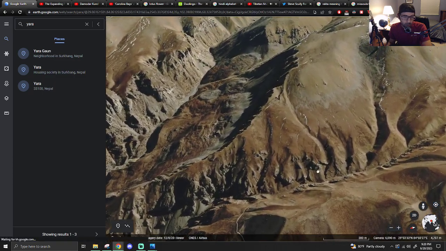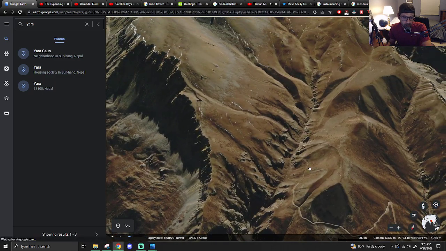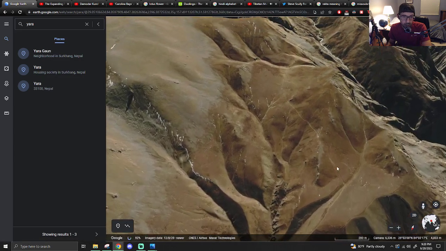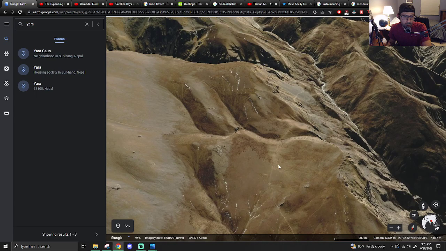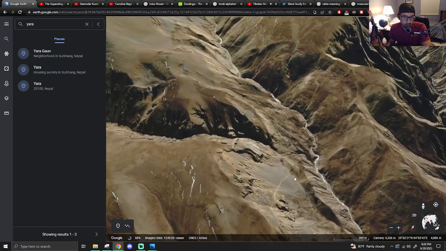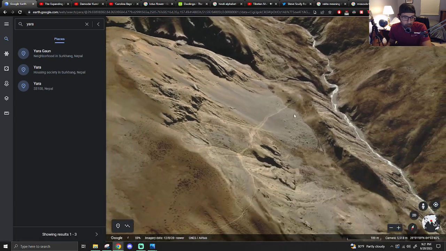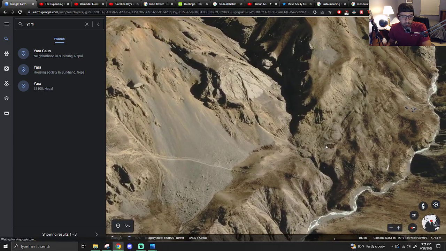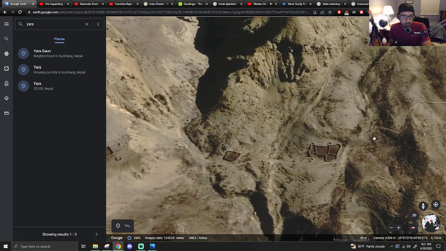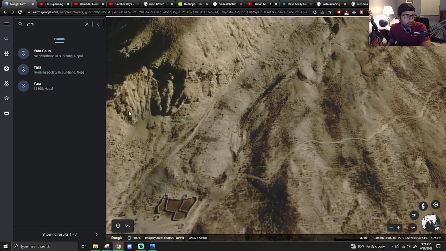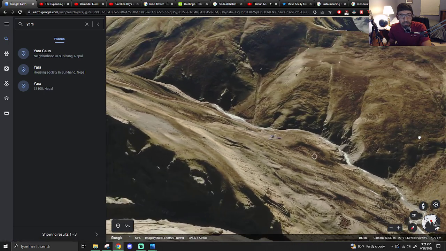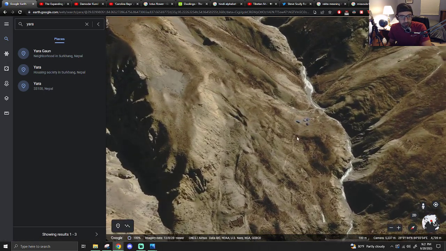I'm just trying to find where they just came from. I guess this is the trail, so we can follow this as far as we can see it. Here. This way. That's interesting. Then it goes here.